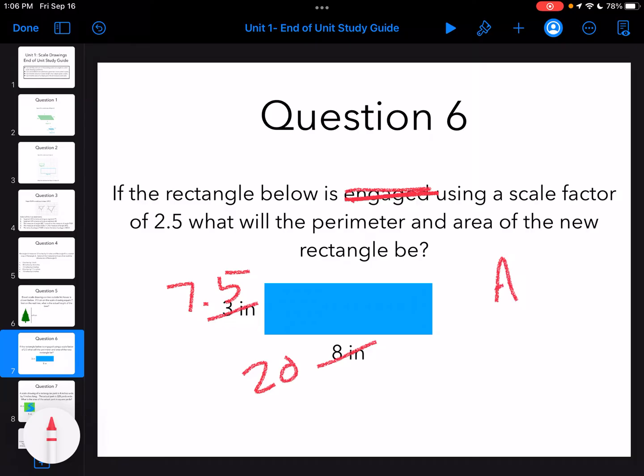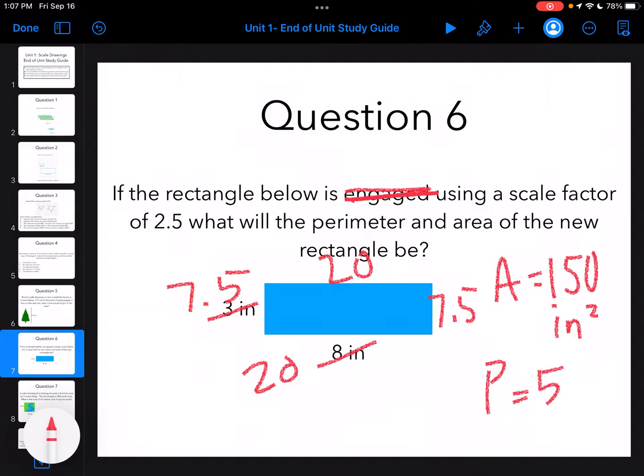So the area will be 7.5 times 20, and I get 150 inches squared. The perimeter is going to be 55 inches, because 40 plus 15 is going to be 55.